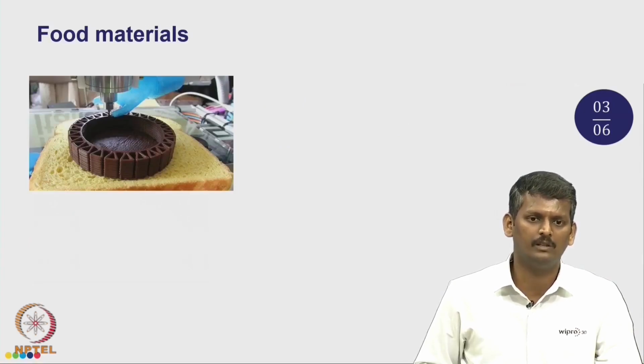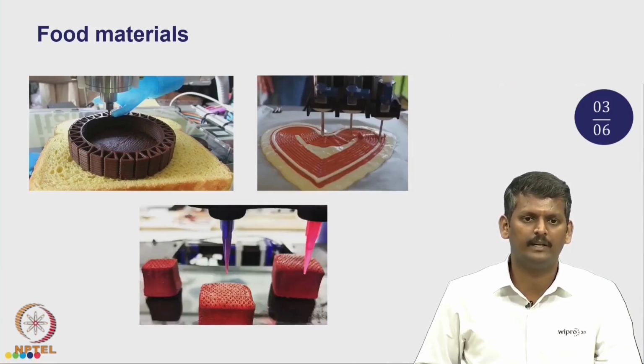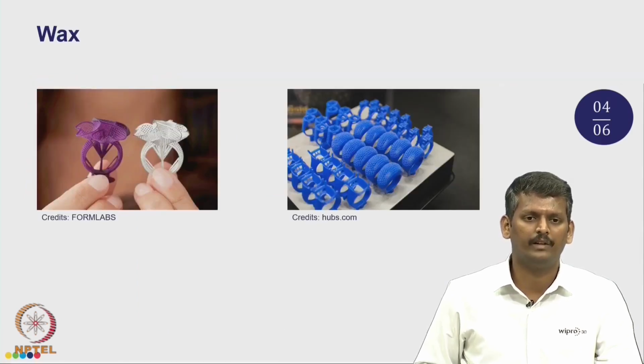Then we have seen food materials, where almost all food materials are done through material extrusion technology. People use chocolates, cheese, sauce, and even cakes, which are manufactured through material extrusion technology. And we have seen wax material being used rigorously in the jewelry industry, where they use it through VAT photopolymerization technology, and then get the jewels manufactured through investment casting.